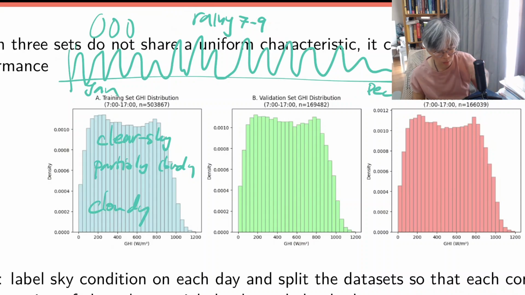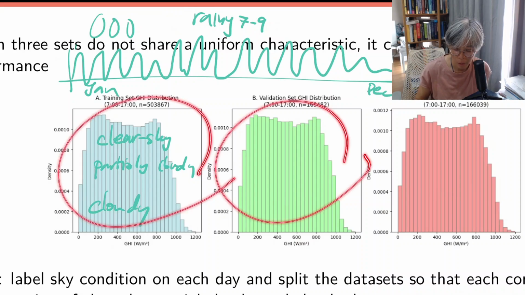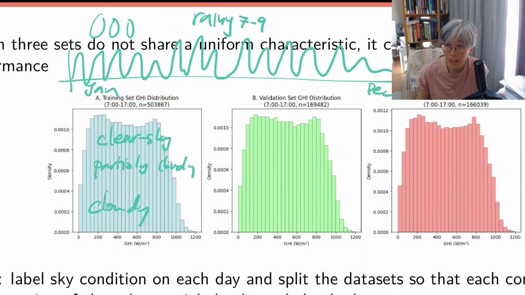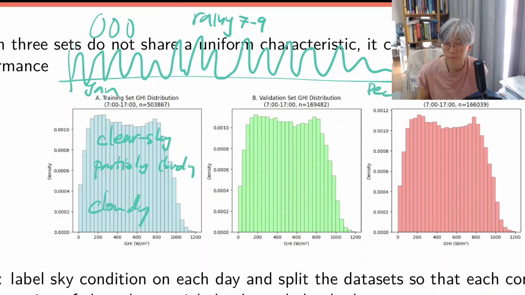Of course you can arrange the data in that way, and that is going to make the comparison, the benchmarking, in each training set provide you very meaningful results.